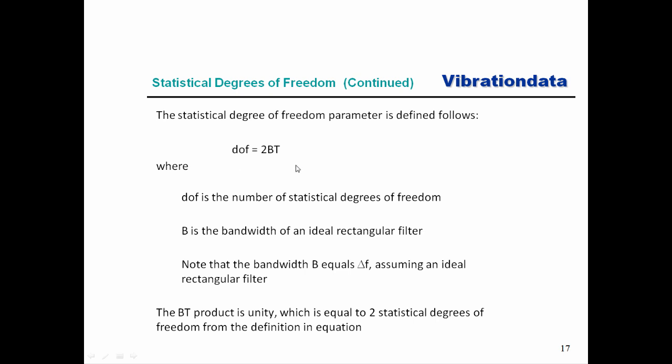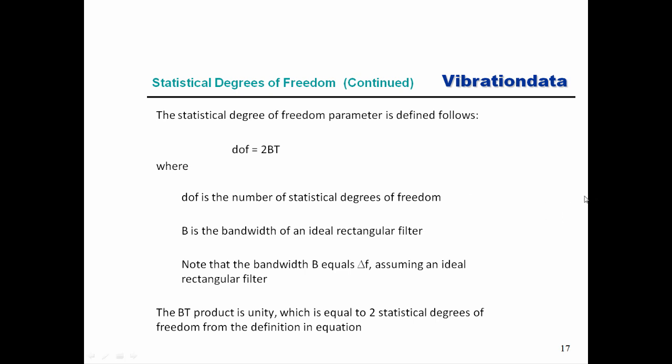So for this somewhat contrived example, I'm saying for a Fourier transform, we always get 2 statistical degrees of freedom. But I'm also telling you the more statistical degrees of freedom we have, the more reliable an estimate we get of the PSD levels. So how can we resolve all that?